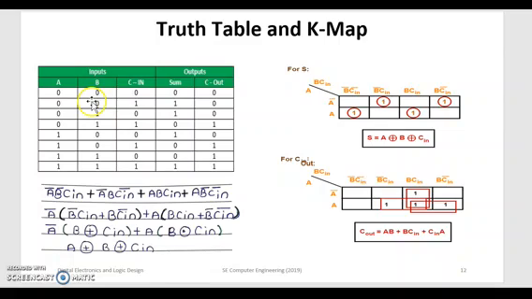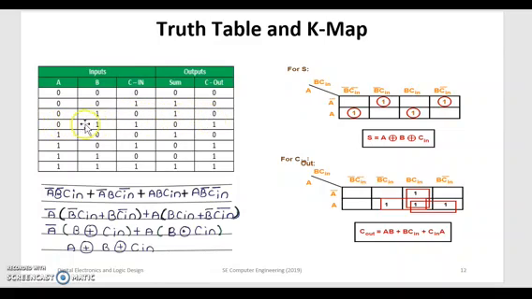So in the first case, if all 3 inputs are 0, sum is also 0 and carry also 0. If A is equal to 0, B is equal to 0 and carry in is 1, then sum will be 1, carry will be 0. If you have 0 1 0, sum is 1, carry will be 0.